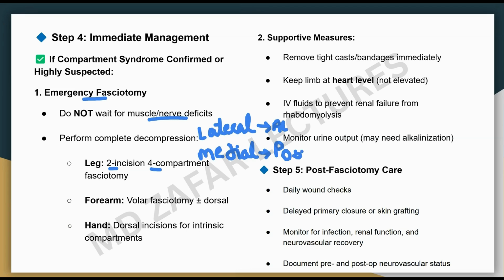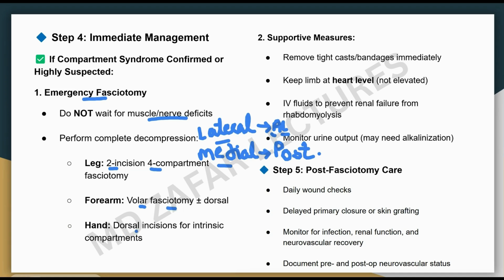There are 2 posterior compartments, a superficial posterior and a deep posterior compartment. Both are opened through the medial approach, whereas the anterior as well as the lateral compartments are opened through the lateral incision in the leg.